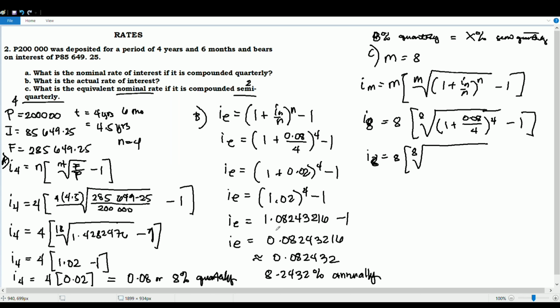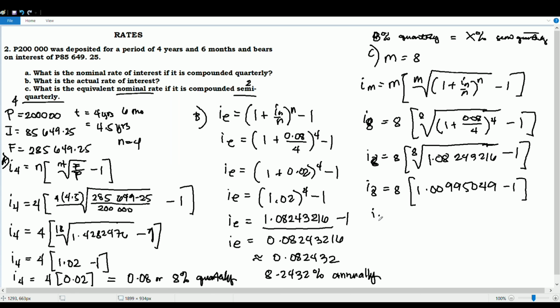It is equal to 1.08243216 minus 1. So we have to get the 8th root of this new radicand. I subscript 8 is equal to 8 times the 8th root of the radicand. The answer is 1.00995049. To be subtracted by 1, we have I subscript 8 is 8 times 0.00995049.